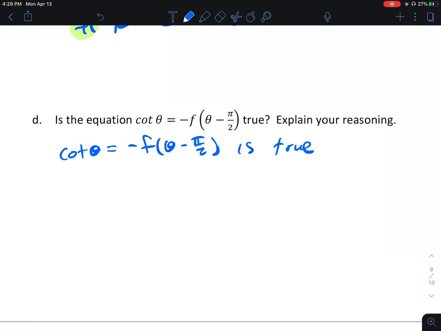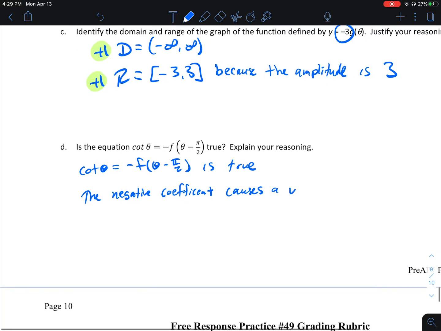And we would say this because, let's see, the negative coefficient causes a vertical reflection.